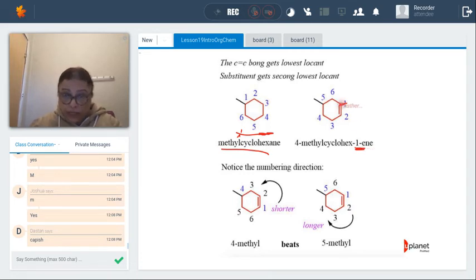So 1, 2, you include the whole double bond. You don't go this way, you go this way. Okay, because you include all the carbons of the double bond. So 1, 2, 3, 4, 5. No, you don't do that. You go this way.